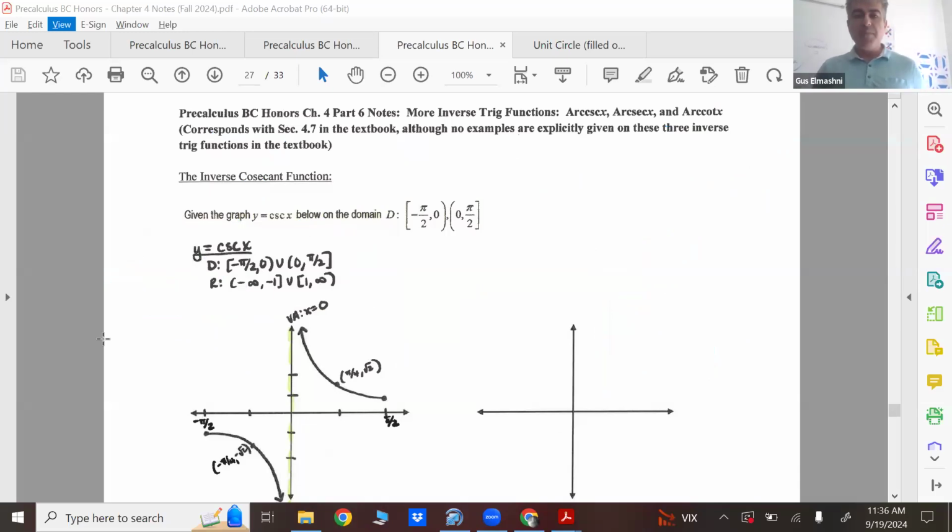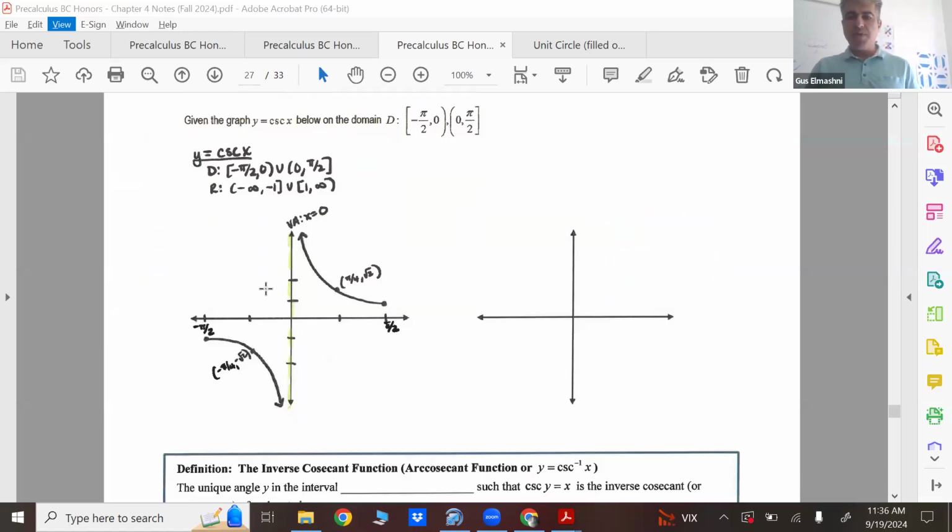Okay, now part 6. So how do you graph an inverse cosecant? Well, if I look at cosecant in general, it looks like this. Now, there's more to it, of course. It should really be more like this, right?